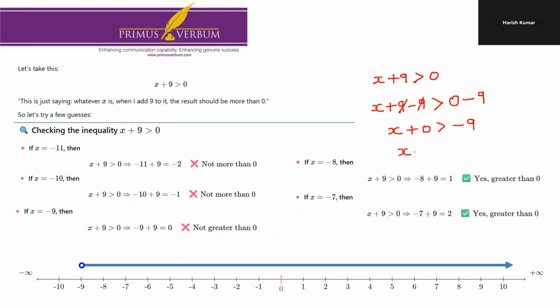So x greater than minus 9. And this is the same result we got by substituting different values for x in a mechanical process and then finding out the boundaries where x starts making this inequality true.